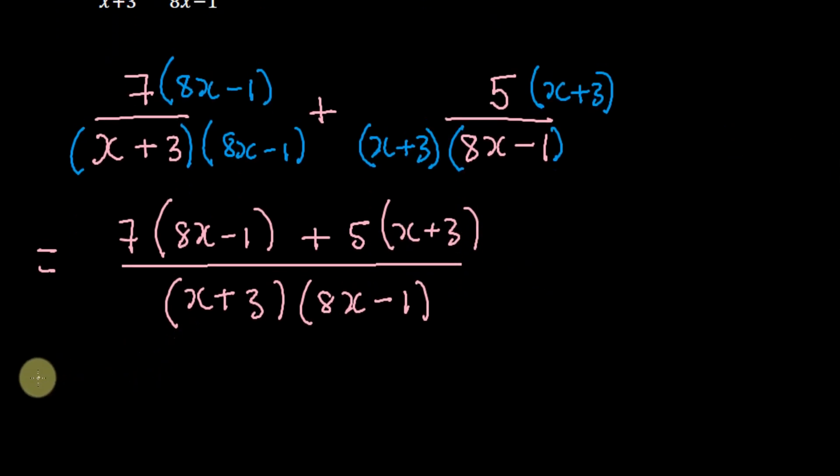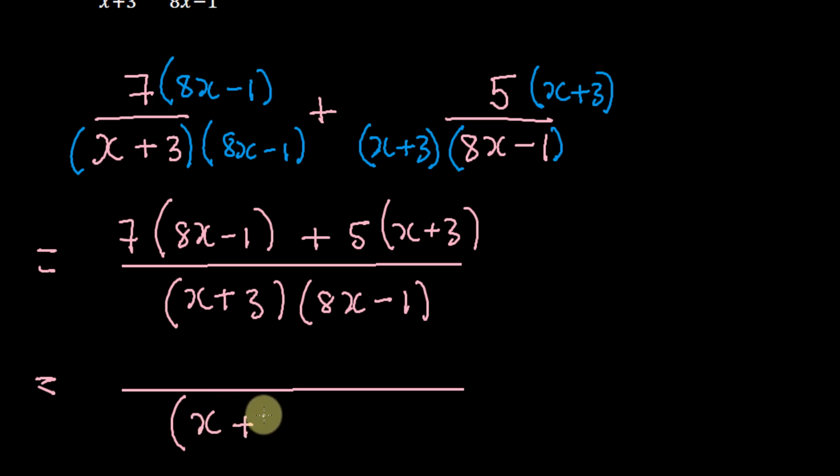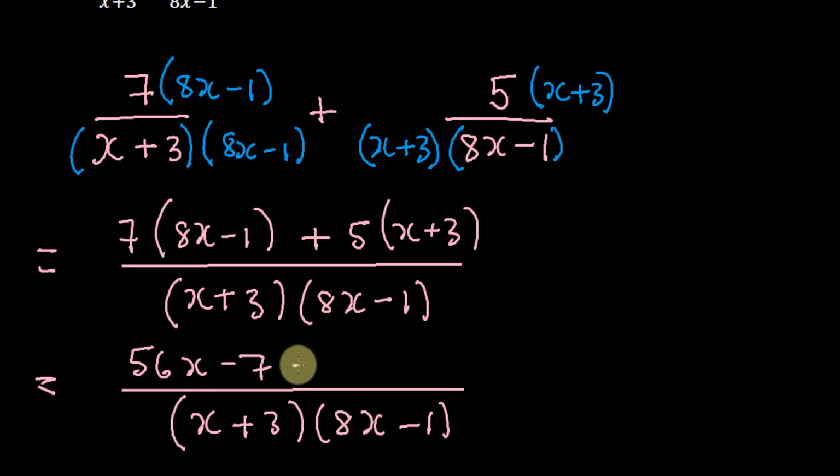Now we can simplify the numerator by multiplying out the brackets. Note that we don't simplify the denominator ever. So 7 multiplied into these brackets and 5 into these brackets.